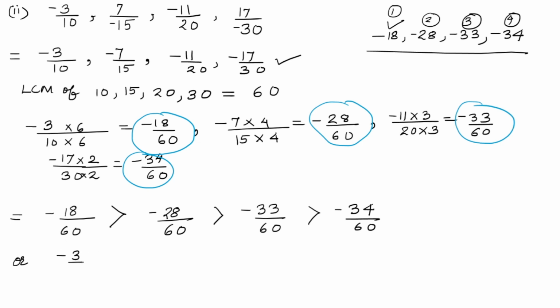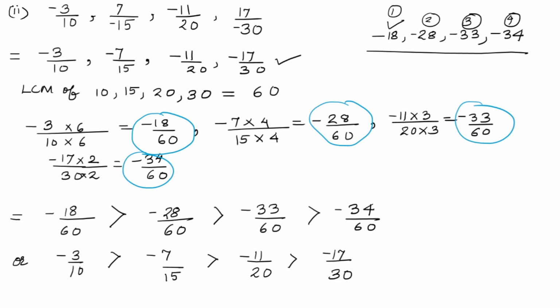So it is minus 3 by 10. This is minus 7 by 15. This is minus 11 by 20, and the last number is minus 17 by 30.